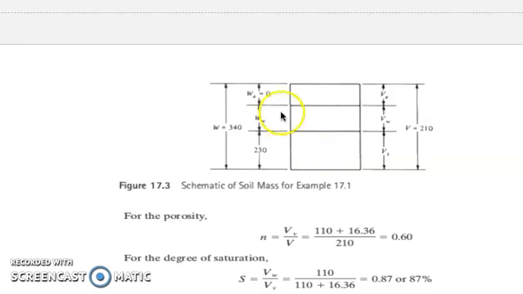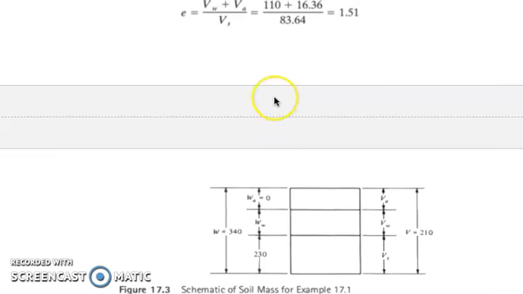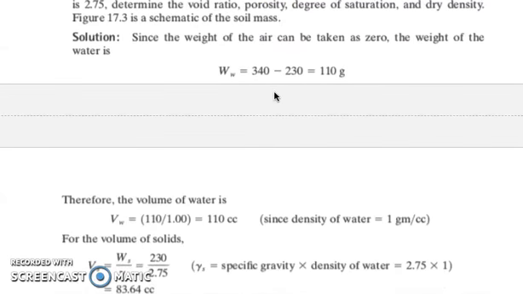We have to take note, based on our discussion a while ago, that the weight of the air is negligible, or equivalent to 0. For this problem, the weight of the solid is 230. We don't have the value for the weight of the water, so we're going to start by computing it.